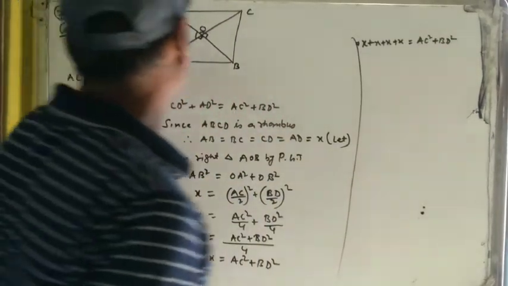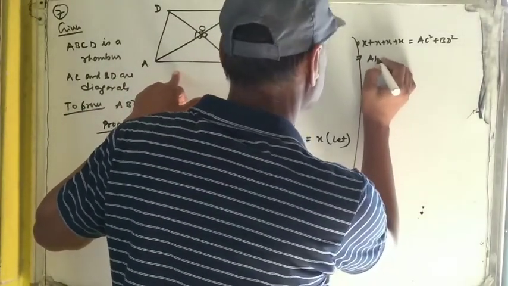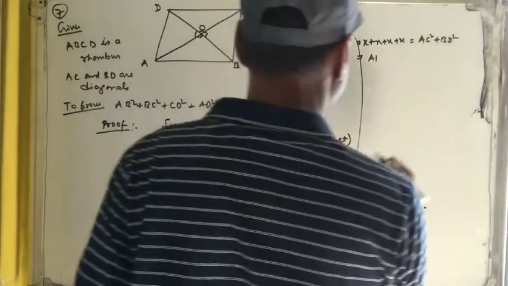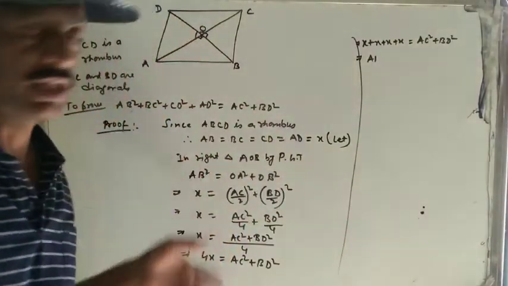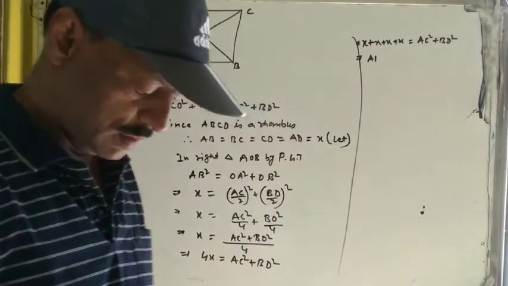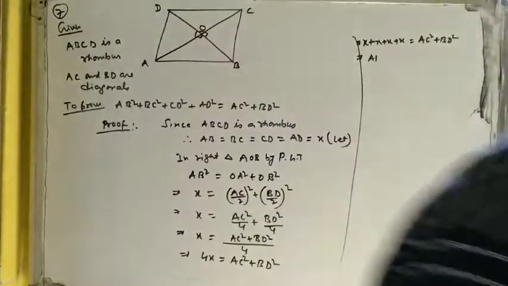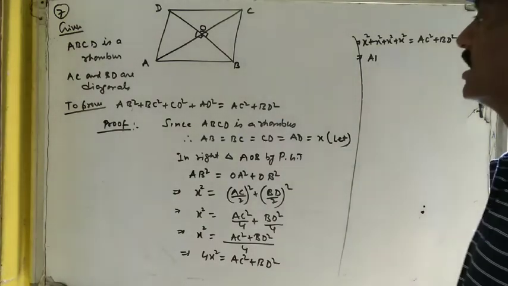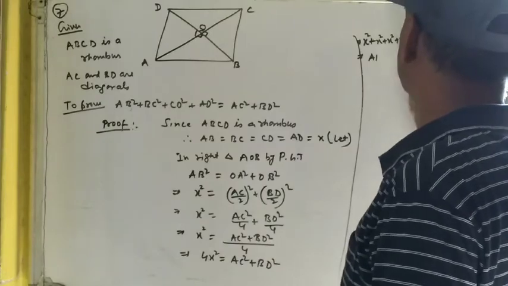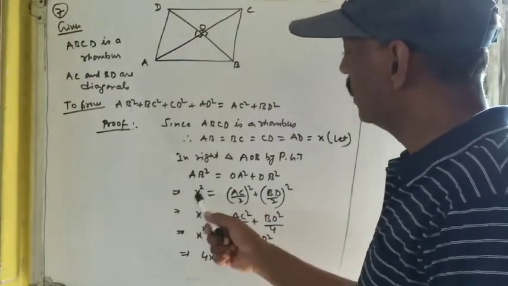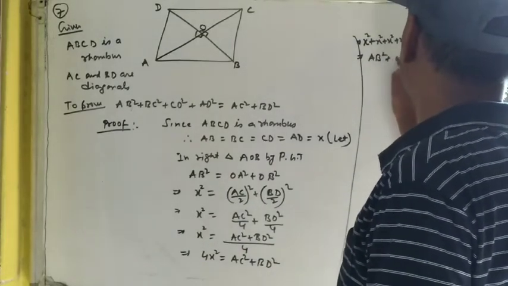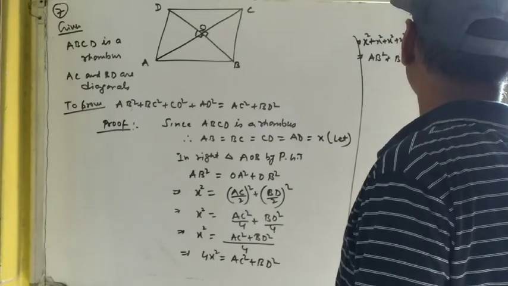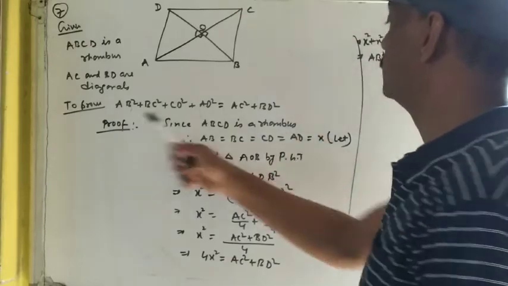Because AB is x, AB square is x square, and now this is AB square, this one is BC square, this one will be CD square, and this one will be AD square, equal to AC square plus BD square. And now it has been proved. Just see here.